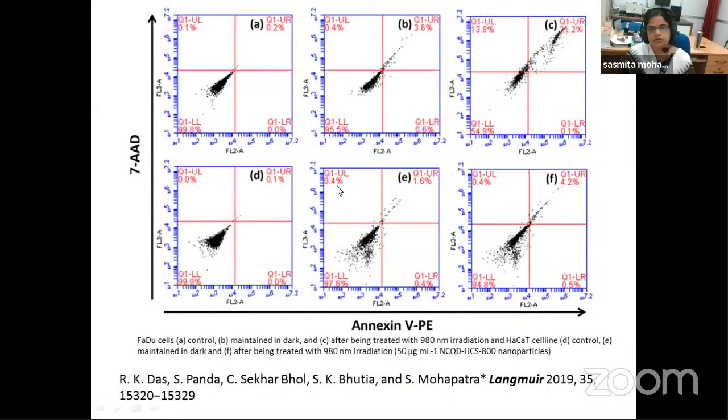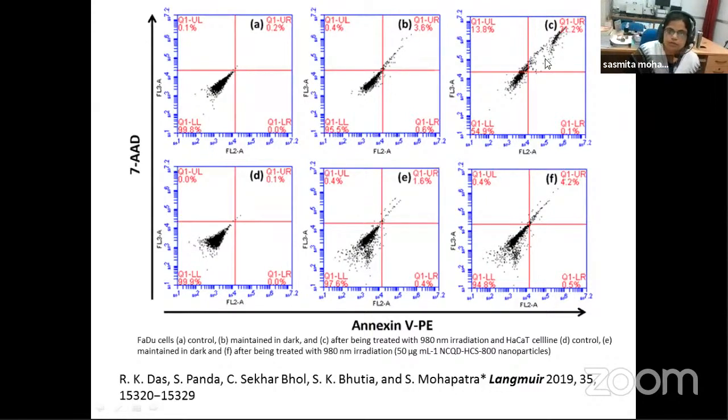Then we have also studied it in oral cancer cells, that is FADU cells, and we have observed through FACS that a reasonable fraction of cells are getting damaged by laser irradiation for a very short period, I think 2 or 3 minutes.